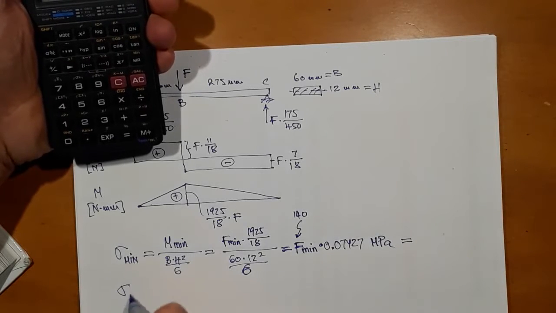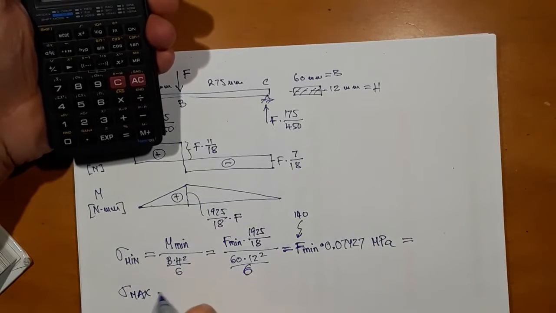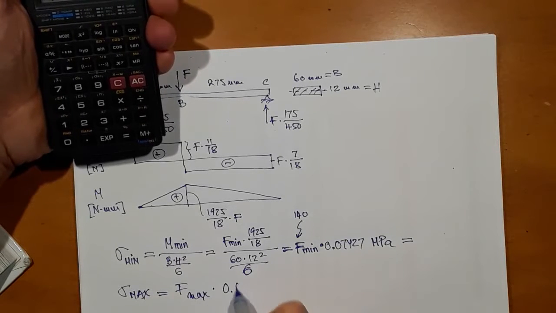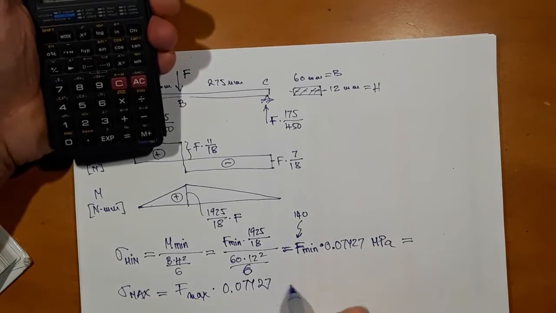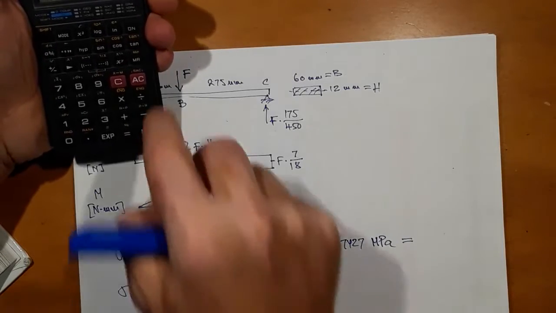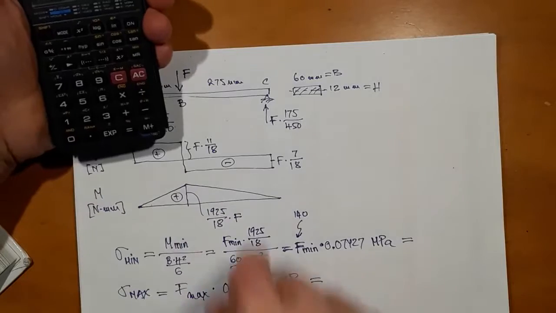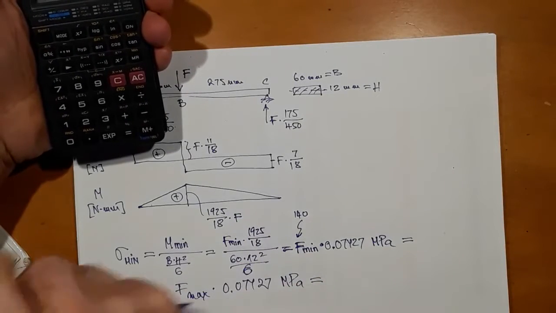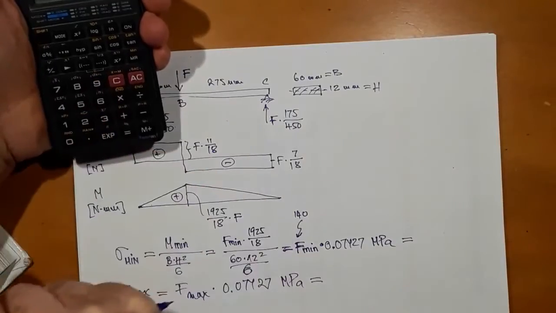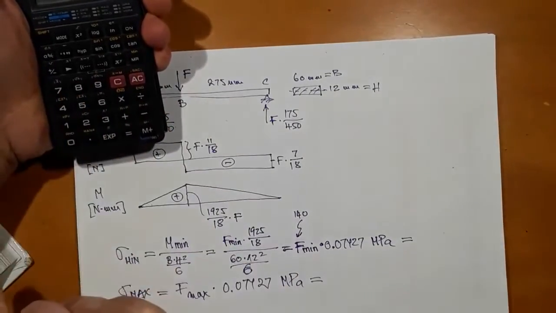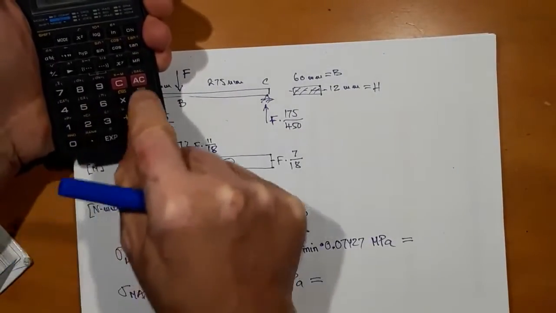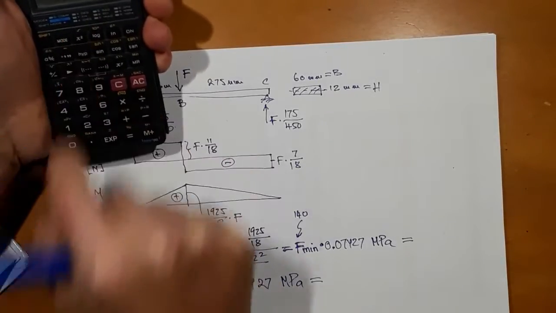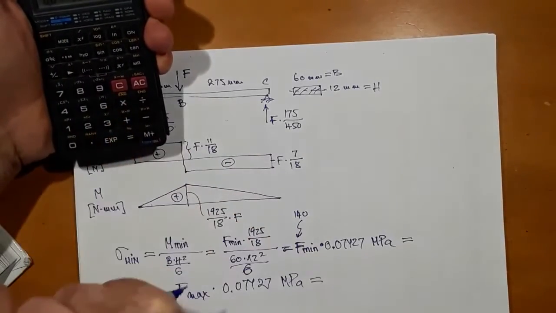And then sigma max is going to be F max times 0.07427 megapascals. Okay, I'm not yet at E, so let me check one more time this whole thing. 1925 over 18 over 60 over 12 squared times 6 equals.